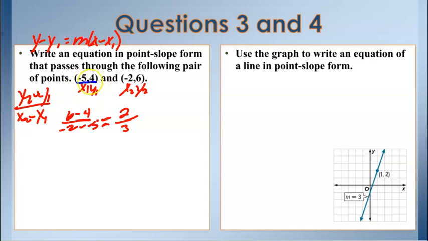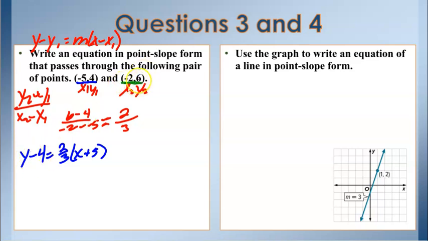The first one using this point. So I would have y minus 4 equals our slope of 2/3 times x, now minus a negative 5 really means plus 5. So that would be one possible solution you could have.